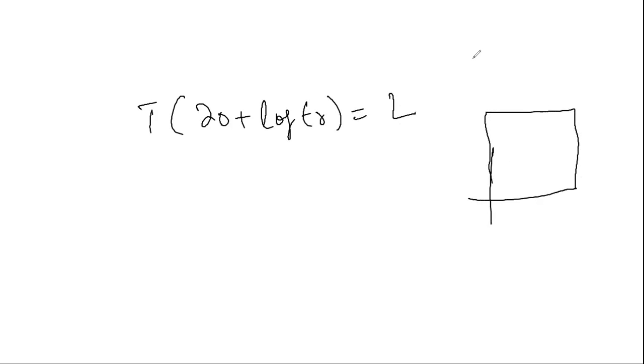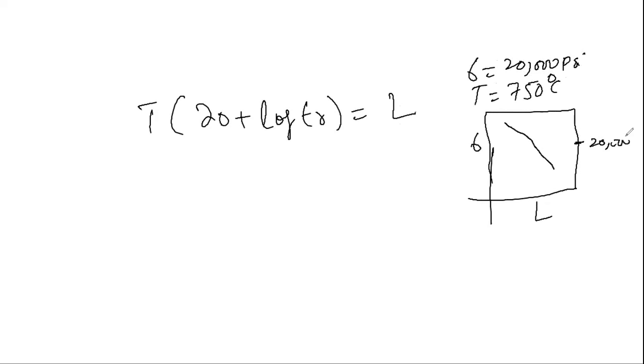So you are given sigma is equal to 20,000 psi, and T was 750 degrees centigrade, right? So this is the graph of sigma and life. For the 20,000 value, you check it, and this touches the x-axis at 24 into 10 raised to the power 3, right?